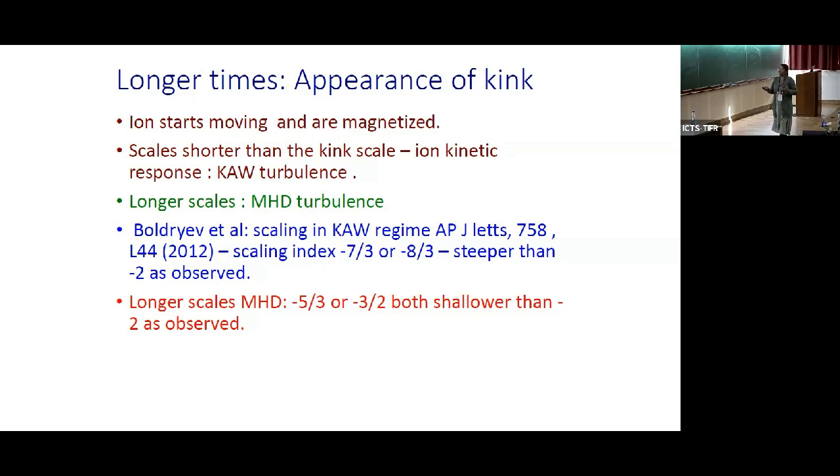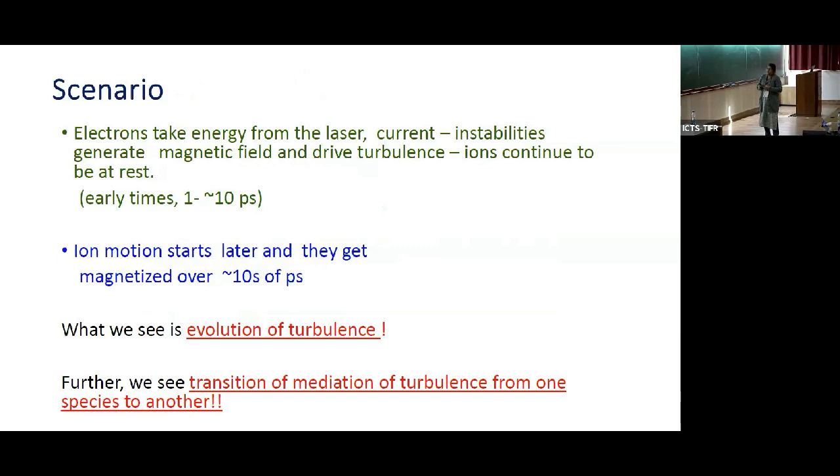The theories say -5/3 or -3/2, which are both shallower, and that also has been observed. So the experiments have illustrated that we see an evolution of turbulence. We had talked about anisotropy, inhomogeneity turbulence, and this set of experiments and analysis suggests that we have an evolution of turbulence, and there is a transition or mediation of turbulence from one particular species to other.